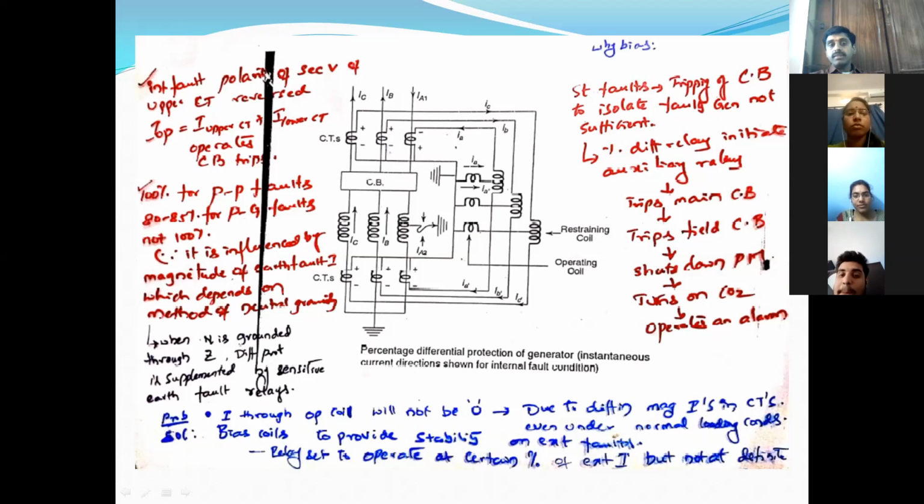If you don't disconnect the excitation, then what happens? It will produce the EMF. For that case, what you have to do? We have to trip the main circuit breaker, which trips the field circuit breaker also, shuts down the prime mover and turns on CO2, and operates an alarm. From the alarm indication, we'll come to know about the status.